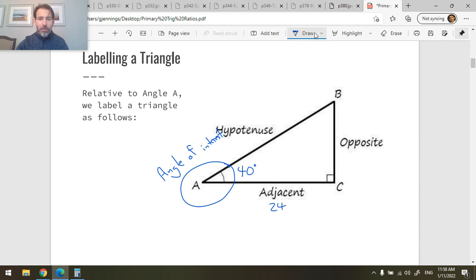Once I tell you this angle is 40 degrees, this side is opposite the angle. This side is adjacent to the angle. It's like your neighbors that live on either side of you are adjacent to you, and the neighbor that lives across the street is opposite you. And the hypotenuse is always the longest side of the triangle.